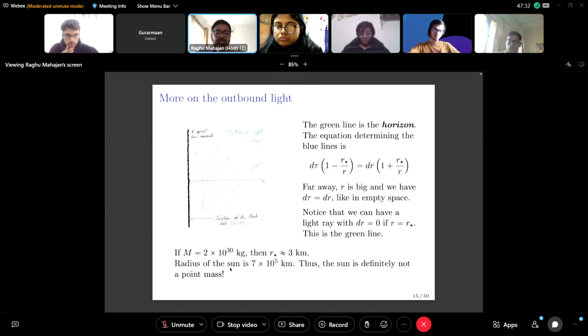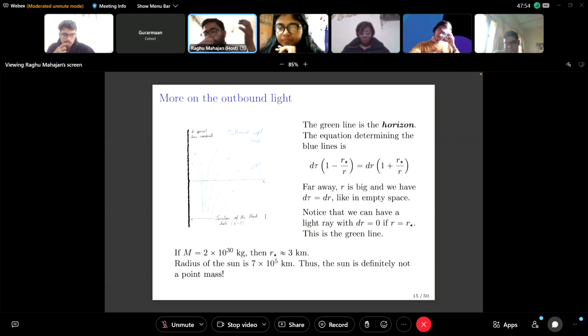Now let's get some sizes. For the sun, if m is the mass of the sun, then this horizon location, r star, is only 3 kilometers. And if the mass of the black hole was the mass of the earth, then this horizon would only be at about 3 millimeters, or 1 millimeter.